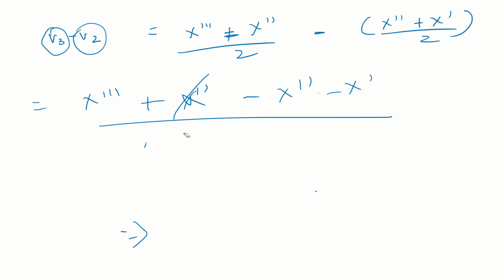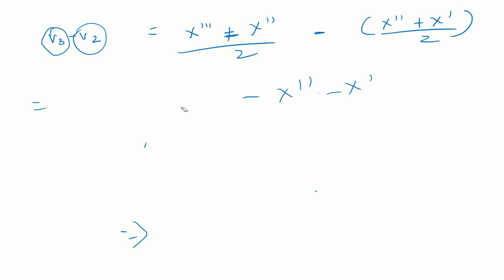So if I clear some space, we can say that (V2 - V1) upon (V3 - V2) will be equal to... oh, I calculated it and I deleted it. Okay, sorry.